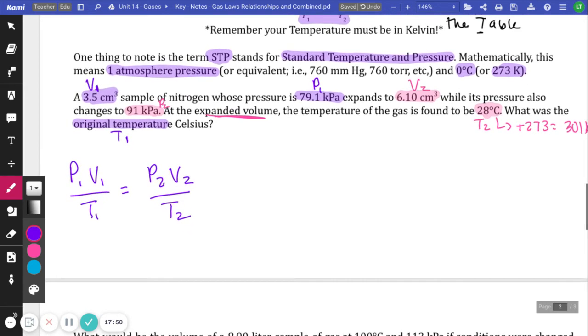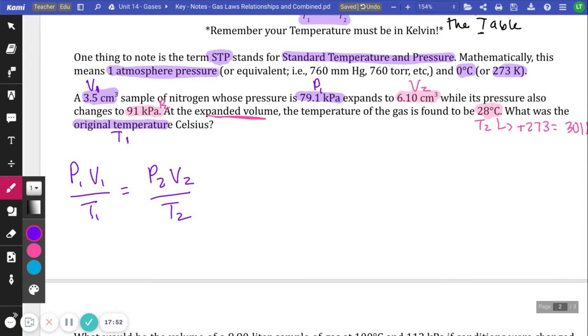So we're going to go ahead and plug it on in. All of our units are the same, so we don't need to do any conversions.